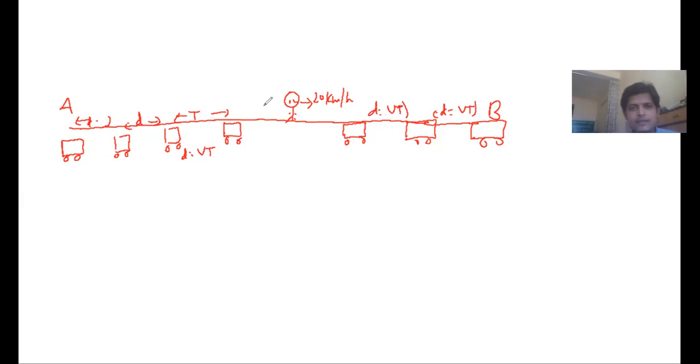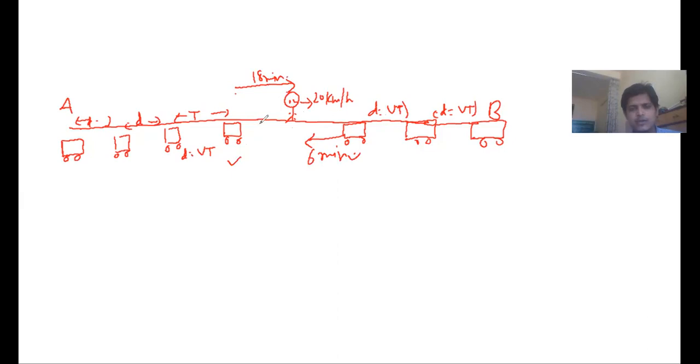This means this first bus crosses after 18 minutes, and this bus crosses in 6 minutes. Suppose we want to see the relative speed of either bus with respect to the man, then what do we have to do?